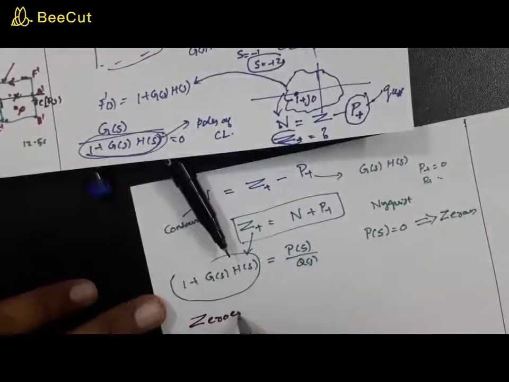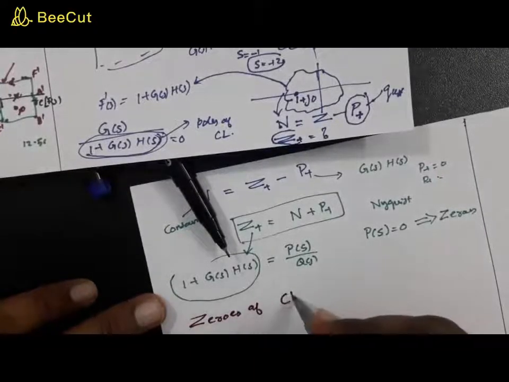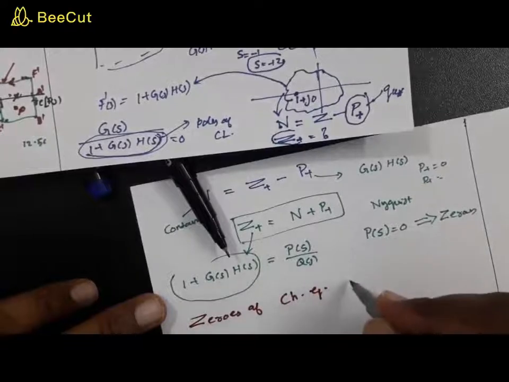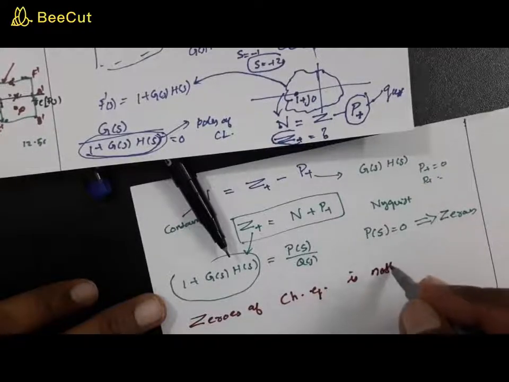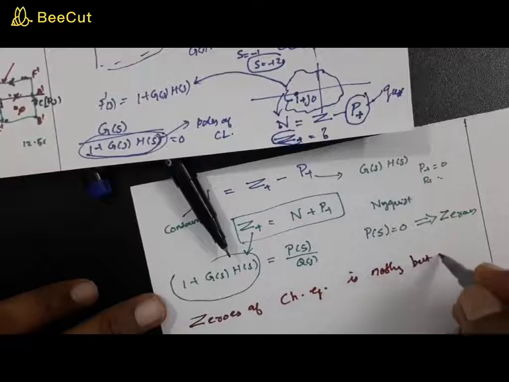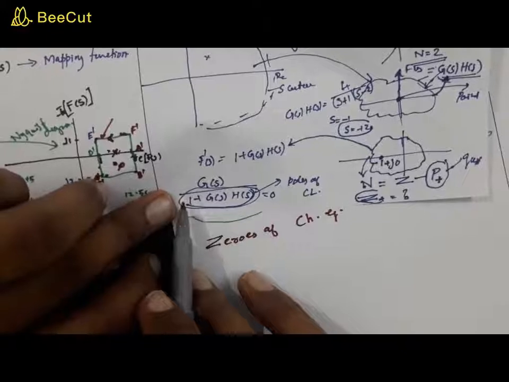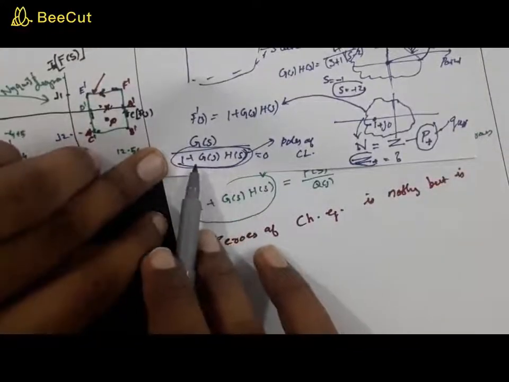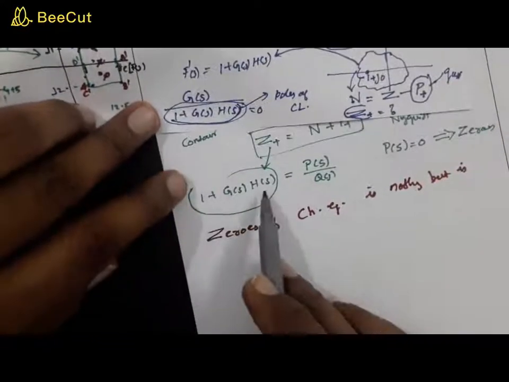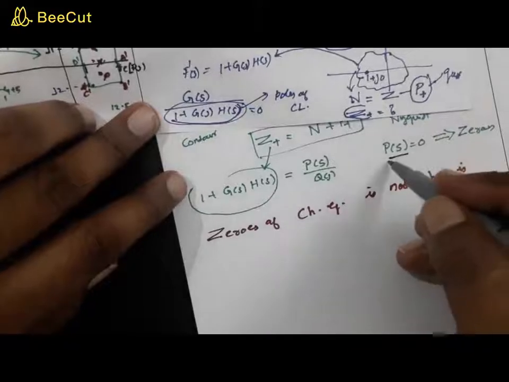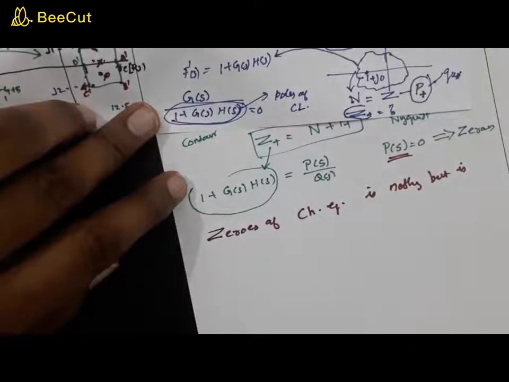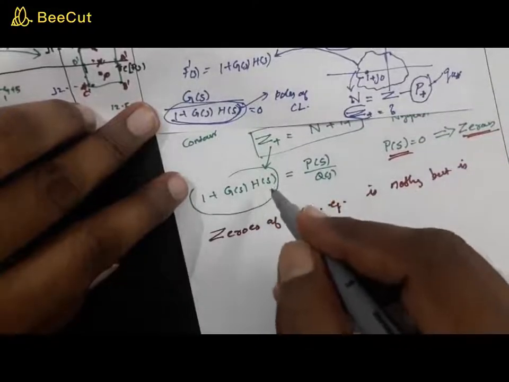The zeros of the characteristic equation are nothing but this. When you equate 1 plus GsHs equal to 0, what you get is P of S equal to 0. So you are evaluating the zeros of 1 plus GsHs in a sense.